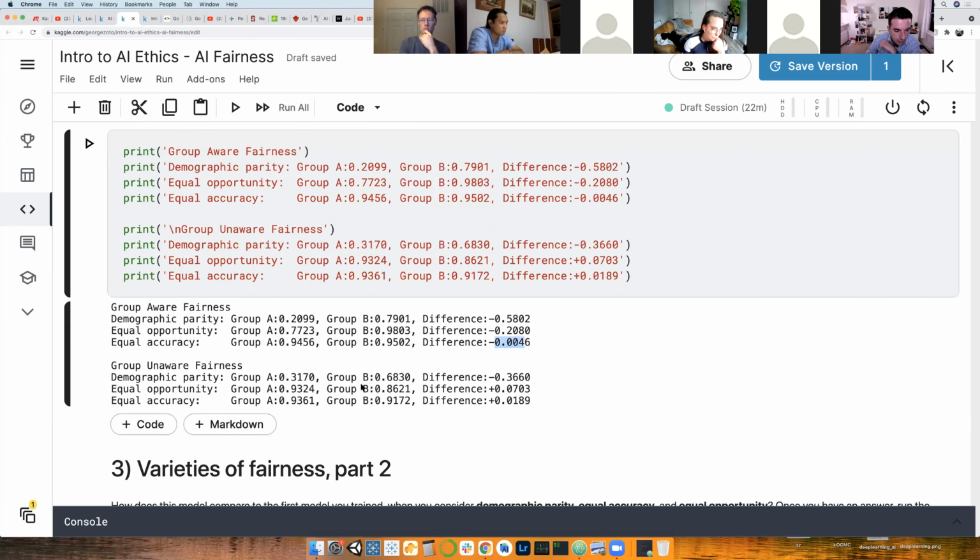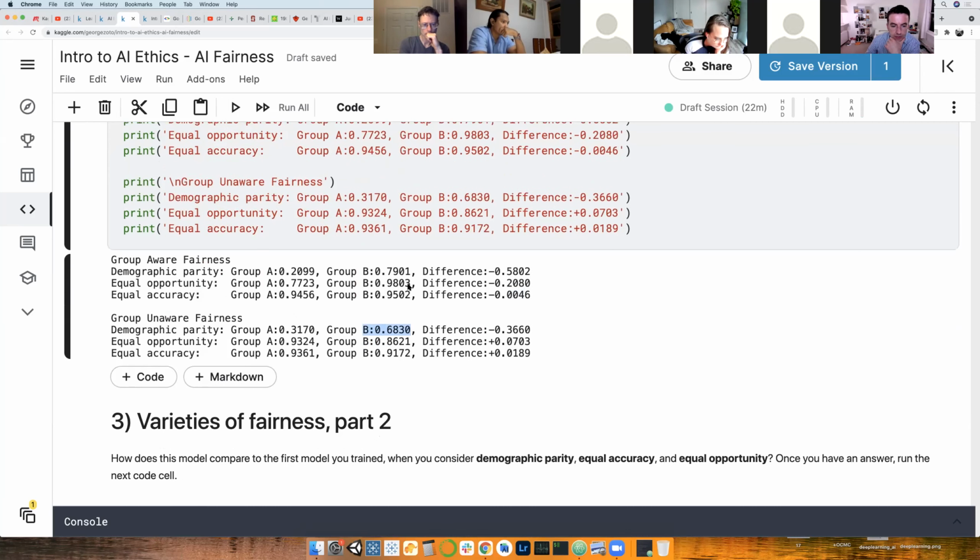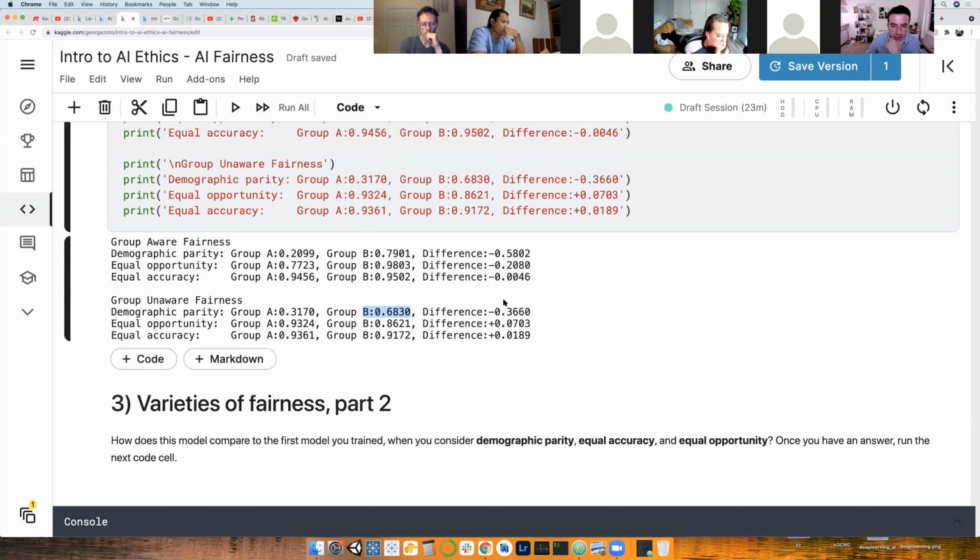When we remove the group feature, the demographic parity improves a little bit, but still is heavily biased on group B. Equal opportunity improves significantly. We're now at 93.86 versus 77.98%. And equal accuracy, I think it went a little bit in the opposite direction.